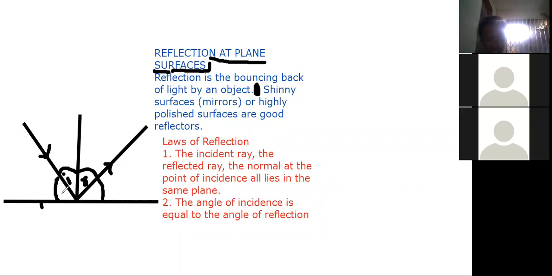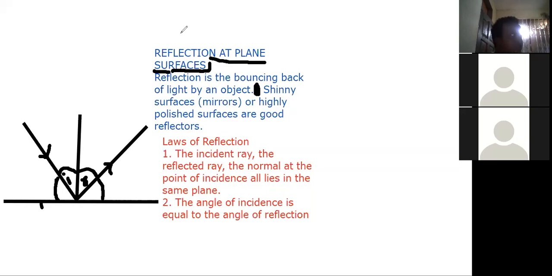Yes, sir. Now, we have two main types of reflection that we are going to consider. These types of reflection are grouped based on the object that performs the reflection.